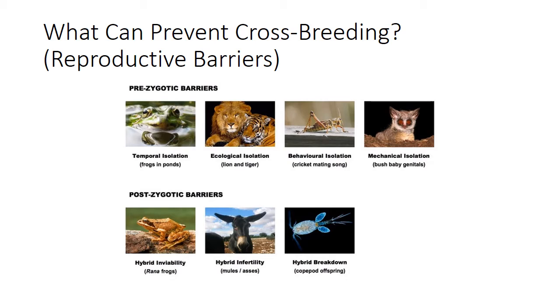Temporal isolation, frogs in ponds. There are frogs that thrive in spring, then they sort of disappear and they are replaced by frogs that prefer hot summers, and then there are frogs that prefer chilly falls and winters. So hardly winters, but falls definitely.